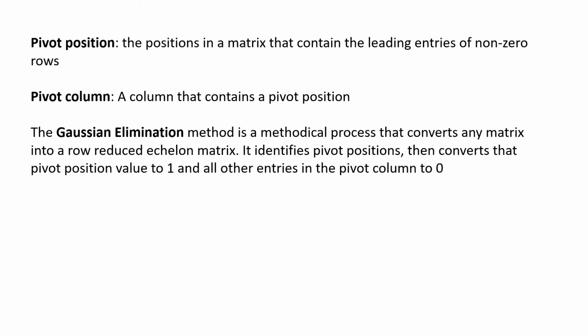Okay. Now, I mentioned before that there are many different ways of taking a matrix and transforming it into echelon form. The Gaussian elimination method is a method that you can use that will convert any matrix into a row-reduced echelon matrix. It does it by identifying these pivot positions, pivot rows, converts pivot positions to 1, and everything else in the pivot column to 0.